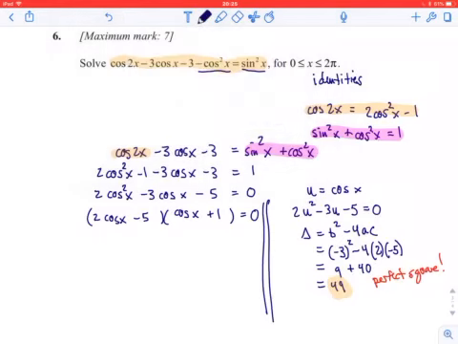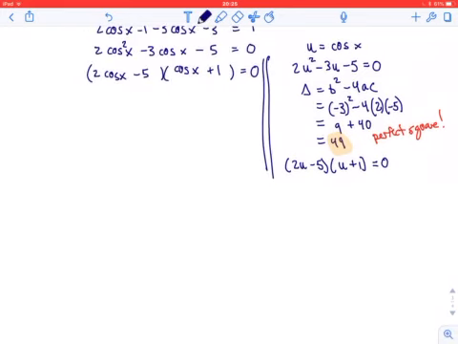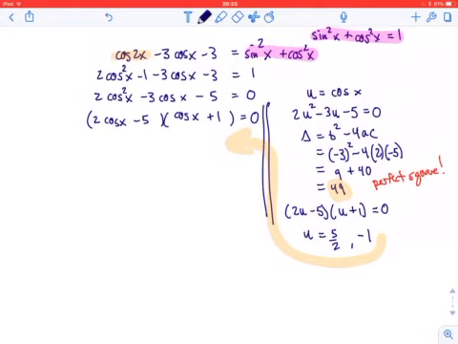So now that we have that, we could use the quadratic formula, or we could try factoring it into 2u minus 5 times u plus 1. Okay, so that's equal to 0. From that, we get that u is equal to 5 halves, and also that u is equal to negative 1. Now, let's spin back around to what would have happened if we were doing this just with the quadratics. The same sort of thing would happen.